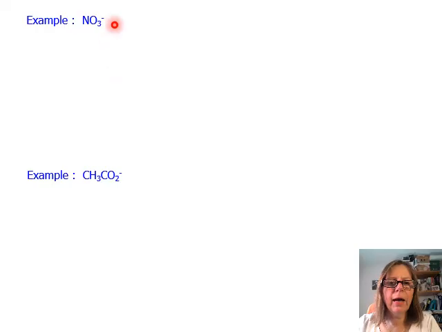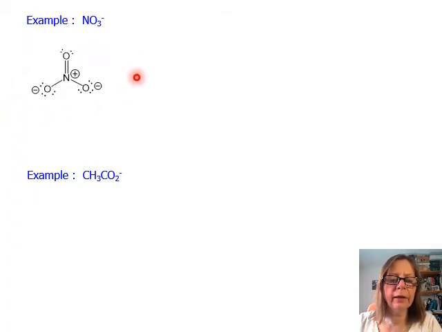Let's look at the ion NO3-. Here's a correct Lewis diagram for this ion. Nitrogen here has a formal charge of +1. Both oxygens here have a formal charge of -1. Overall, this structure has a formal charge of -1.